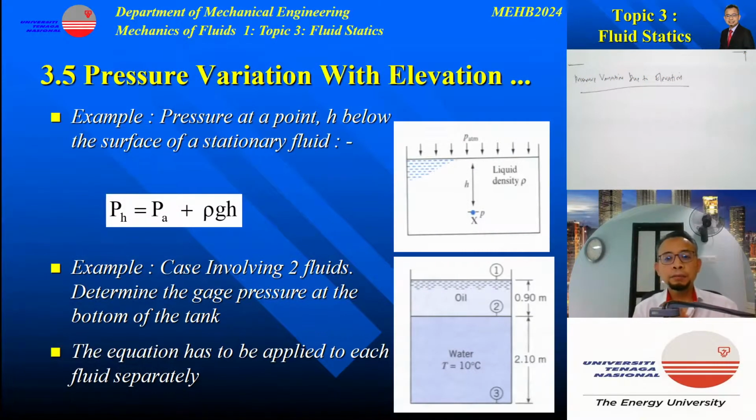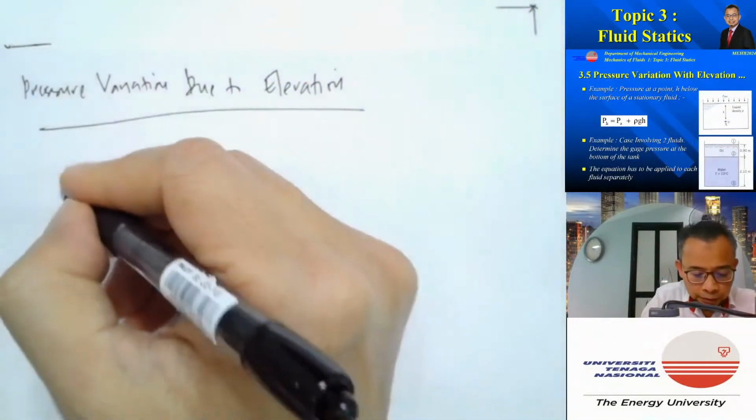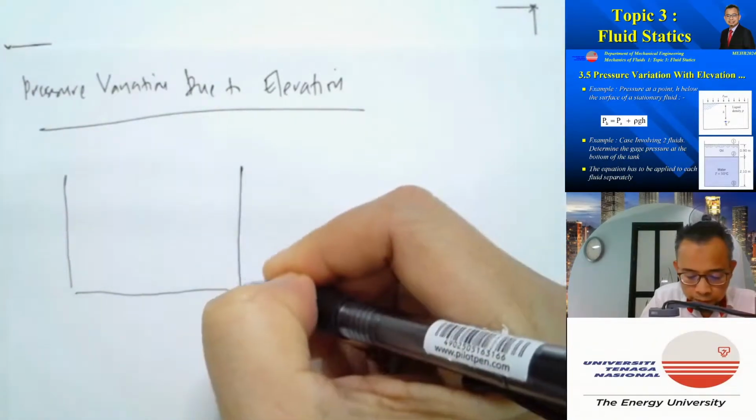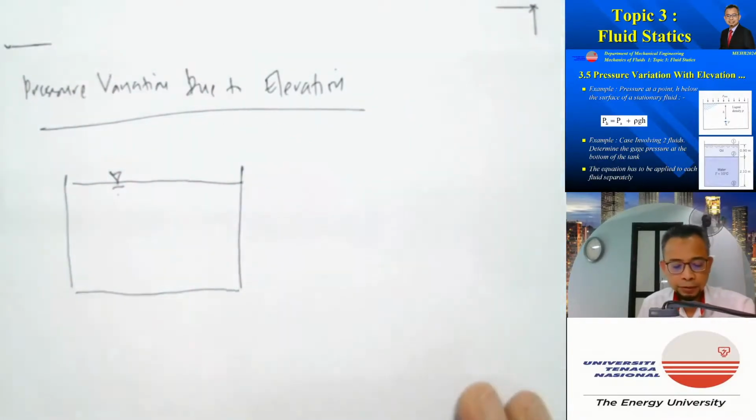So using the piezometric pressure equation, we can obtain the pressure at a point H below the water surface. So let's consider a point H below any fluid surface.